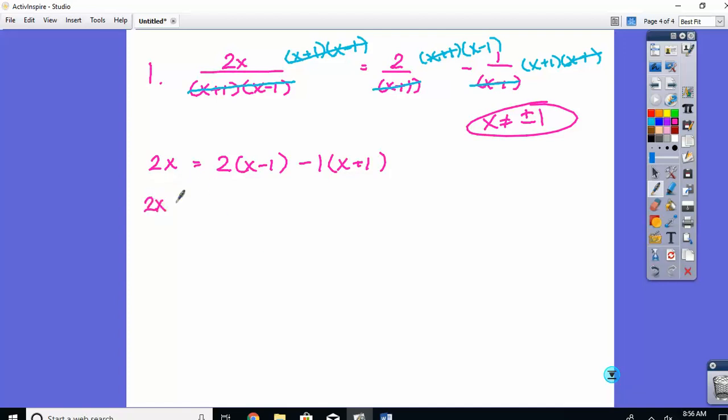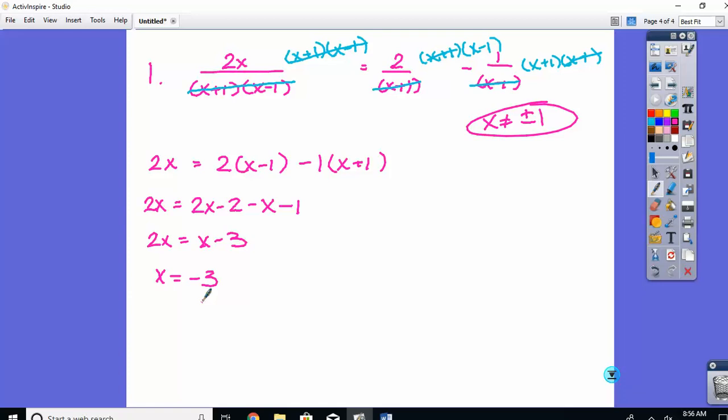So if we distribute, okay, combine like terms. If I subtract my x over, I get x equals negative 3.